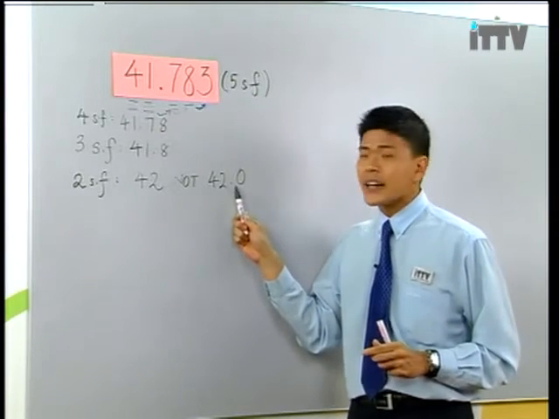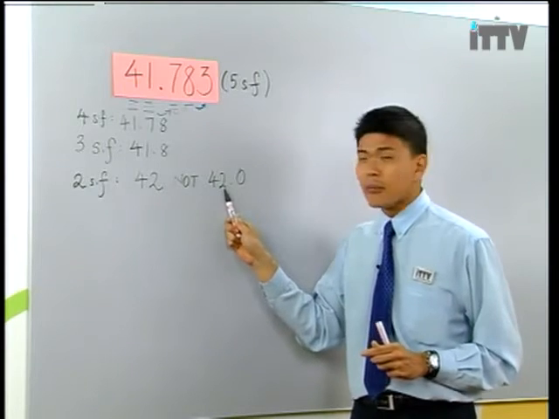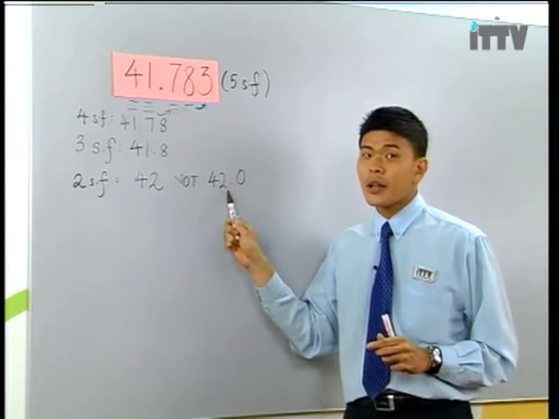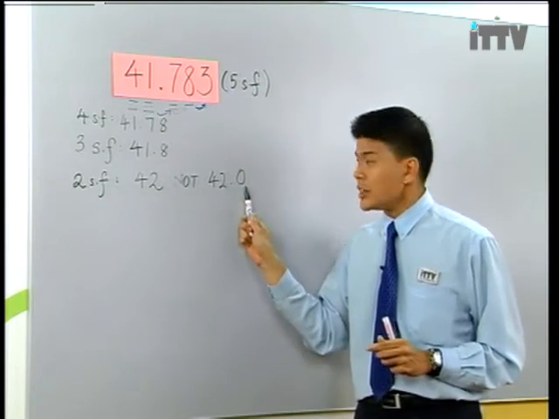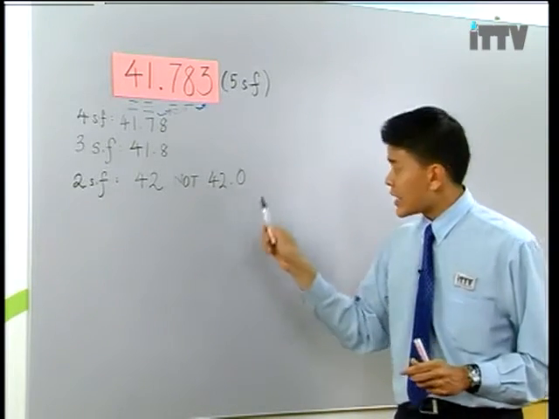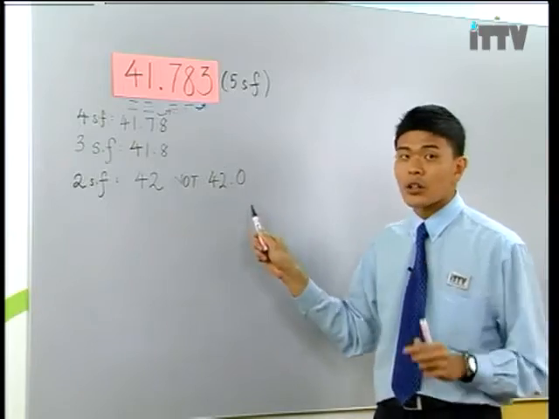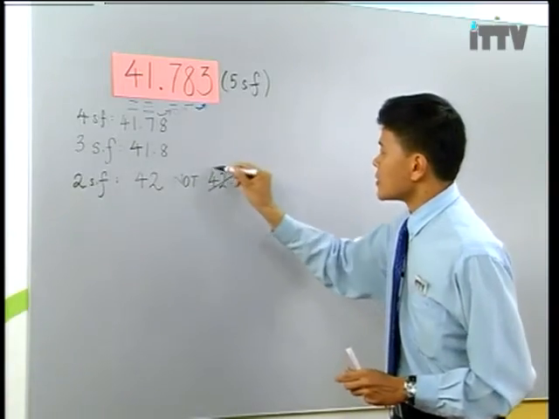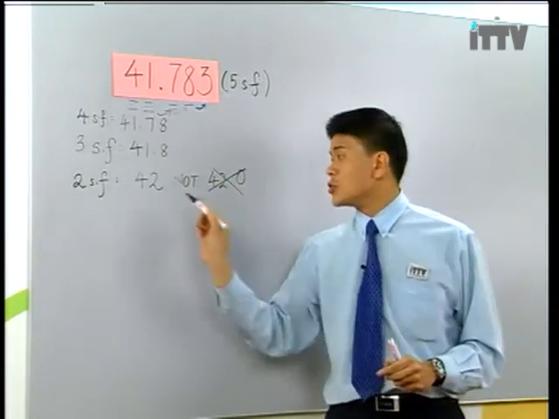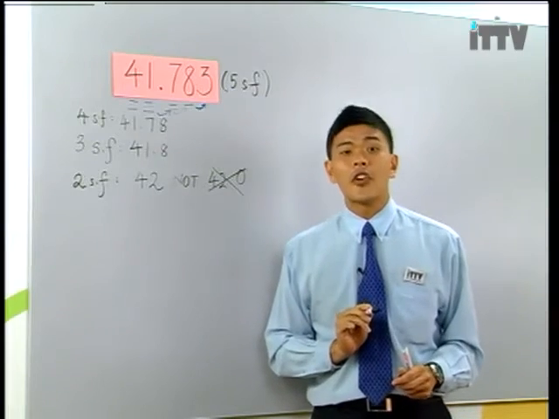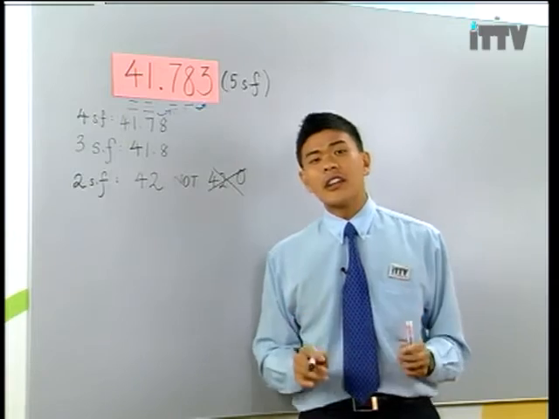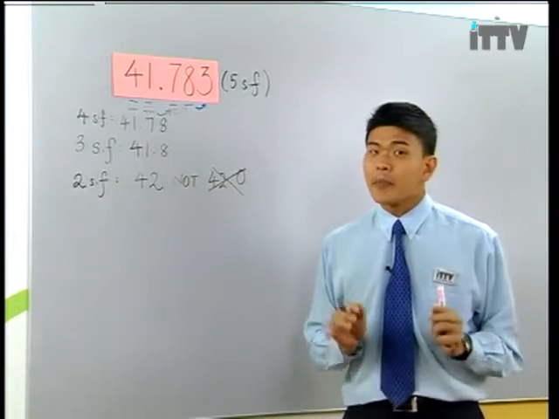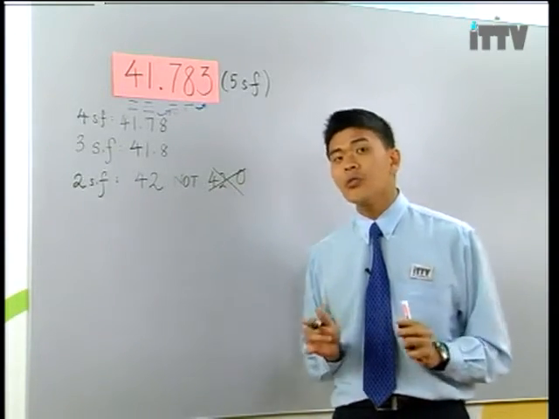And it is after a decimal in a number, okay, which is bigger than 0. So it is considered a significant figure. So if you put 42.0, it actually has 3 significant figures and not 2. So the right answer is 2 significant figures, 42. Remember, although they are the same number, they are on different levels of accuracy, depending on how you set it and how you round it.